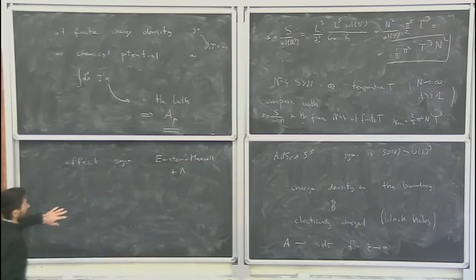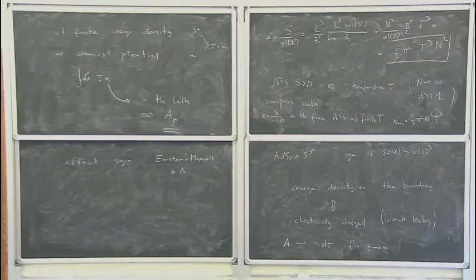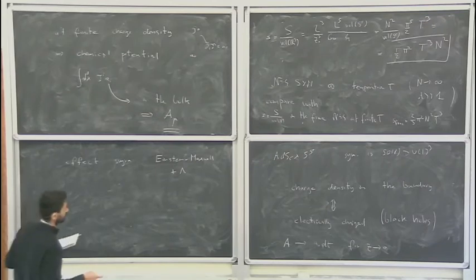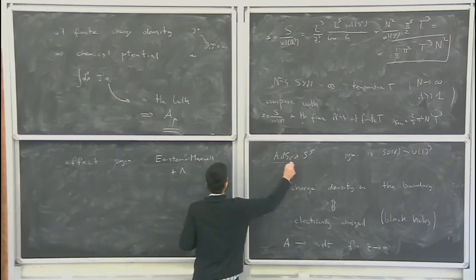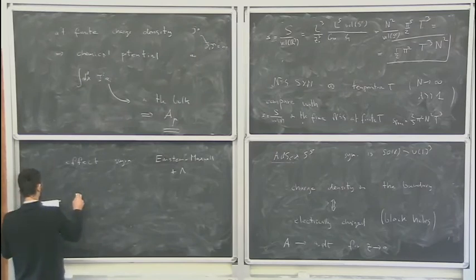And this solution exists, in fact, in any dimension, as AdS exists in any dimension, and as finite temperature AdS exists in any dimension. Also, this modification exists in principle in any dimension, but of course, the main interest will be in 5 dimensions. So let's write the 5-dimensional coefficients.